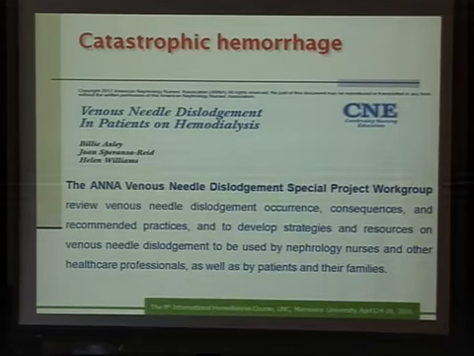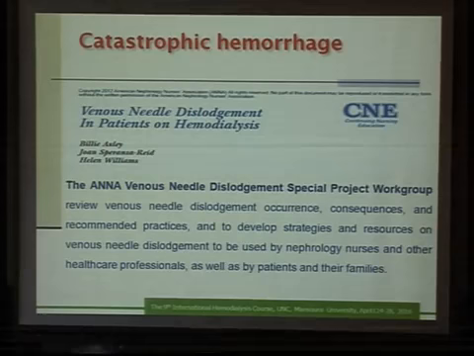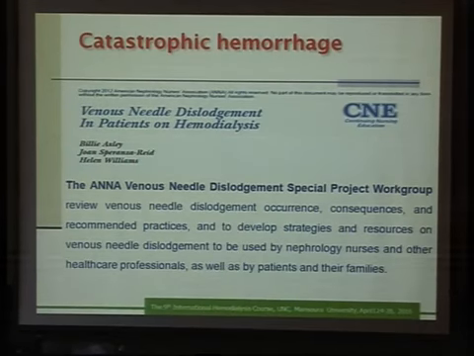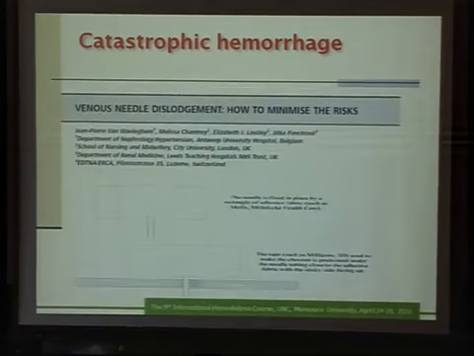This group reviewed venous needle dislodgement occurrence, consequences, and recommended practice and guidelines to develop strategies and resources on venous needle dislodgement to be used by the nephrology nurses and other healthcare professionals, as well as by the patients and their families.